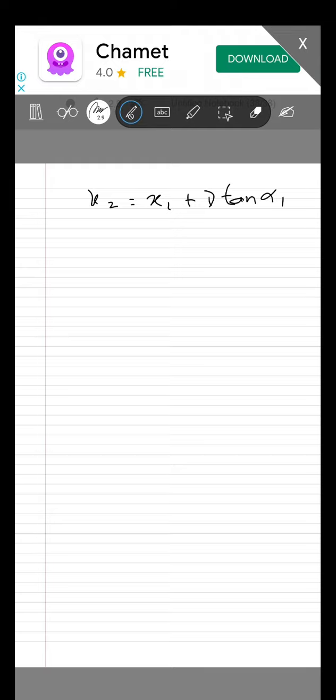Since the value of alpha is small, we can represent tan alpha 1 simply as alpha 1. So x2 will be equal to x1 plus d alpha 1.